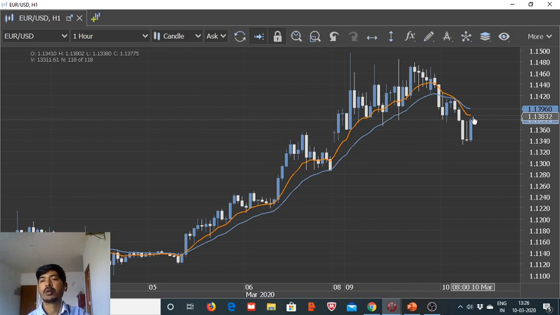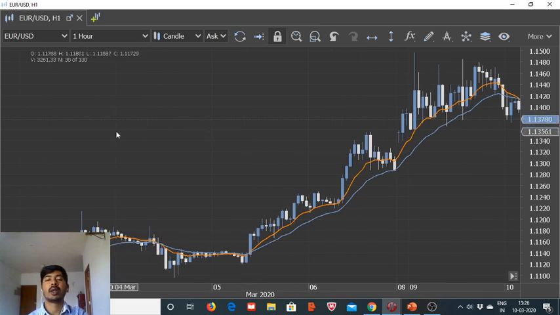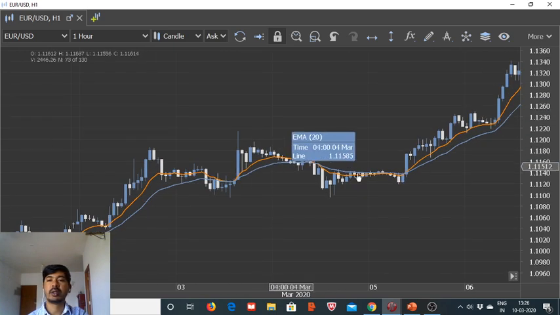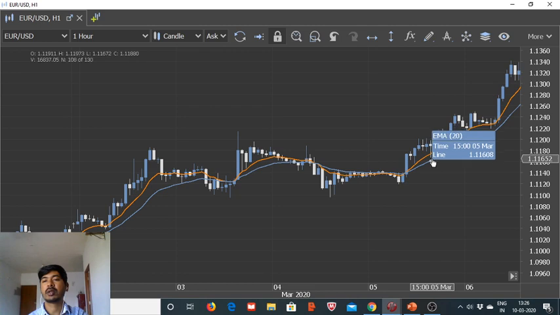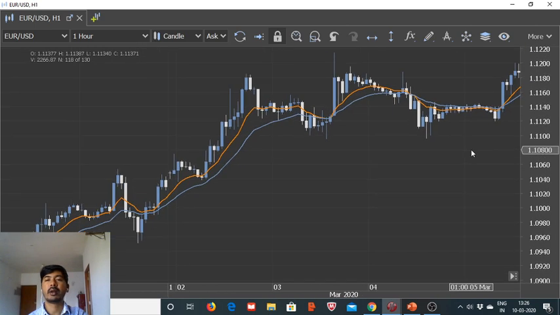That means it should have closed with a close higher than the open price, and it should have made a high above this 10 EMA or maybe 20 EMA. So again, to determine the conditions, we take a look at the chart. Here this time around the EMA 20 is not touched, and this correction happens, and then immediately the price rebounds and continues to go higher.